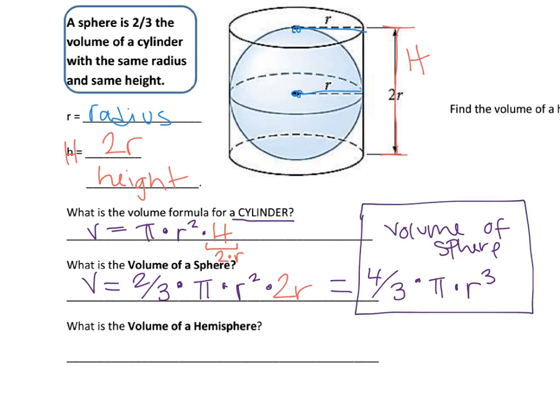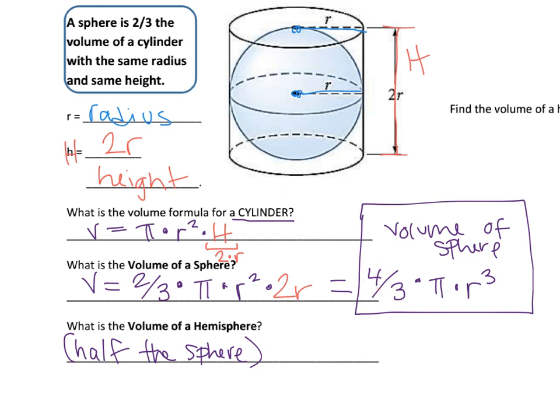Volume of a sphere. Next it says, what is the volume of a hemisphere? Well, it's important to note that a hemisphere is half the sphere. So it's just half of one. If we took the equation we just got for the whole thing and divided it by 2, 4 divided by 2 is 2, so we'll be left with 2/3.